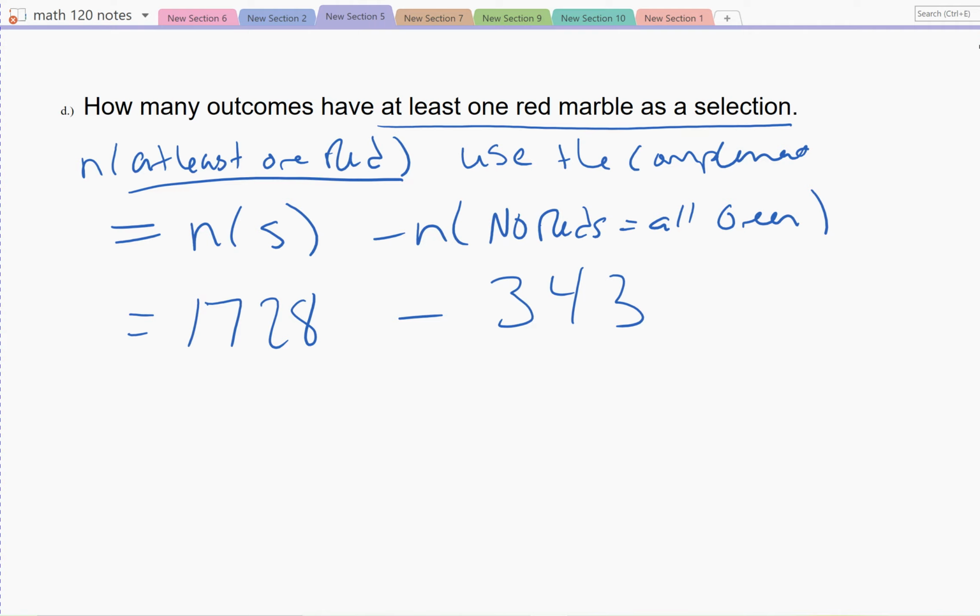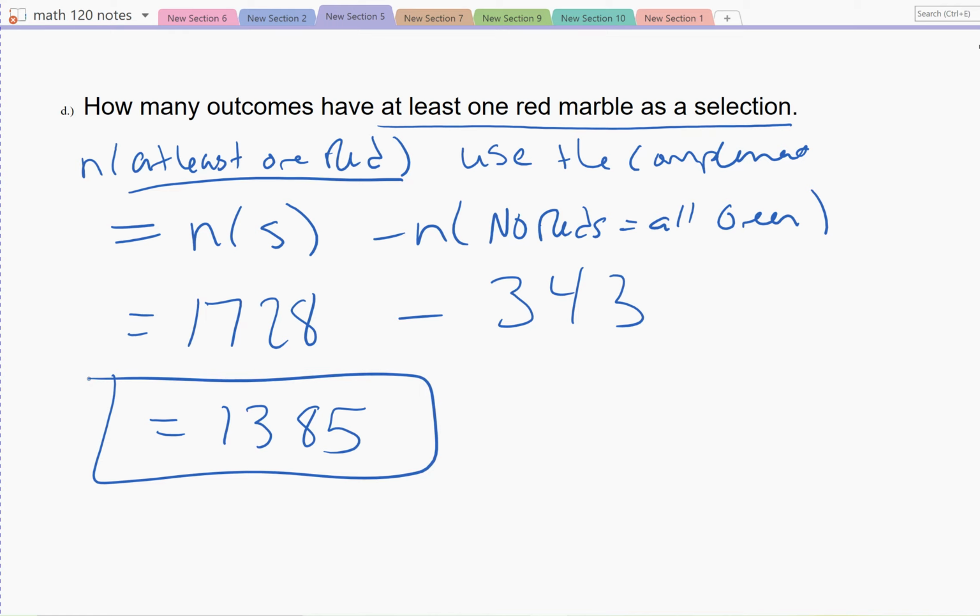Some of them have 1, some of them have 2, some of them have 3, but all of them have at least 1 red because I threw out all of the outcomes with no red in them. All right, so take your 1,728, subtract away your 343, and that comes out to 1,385.